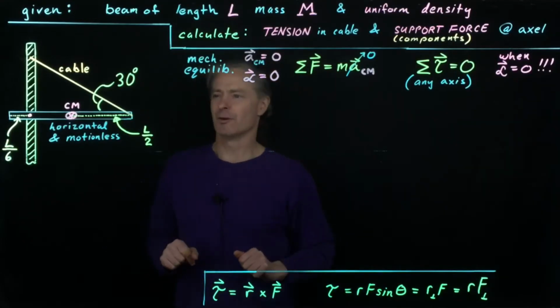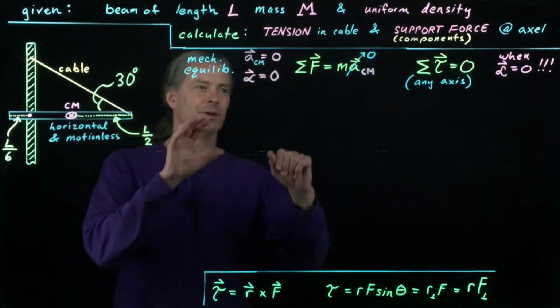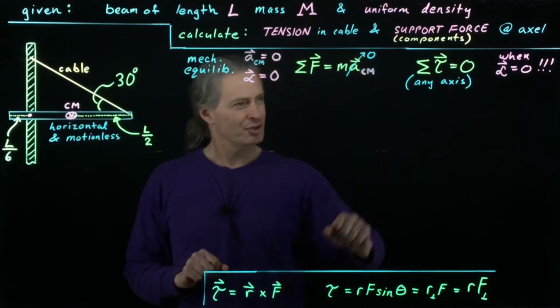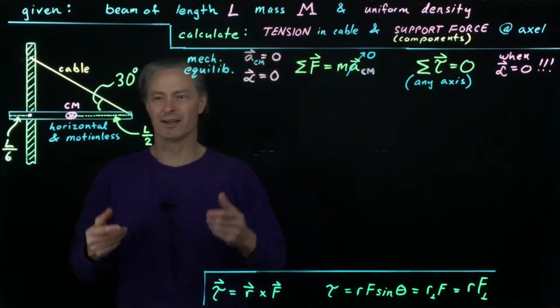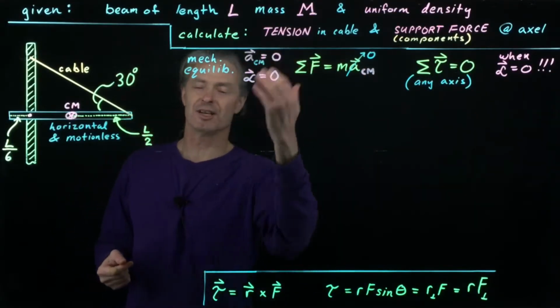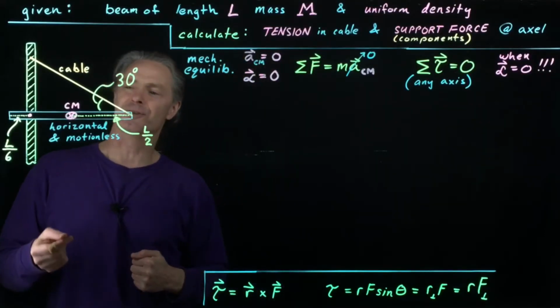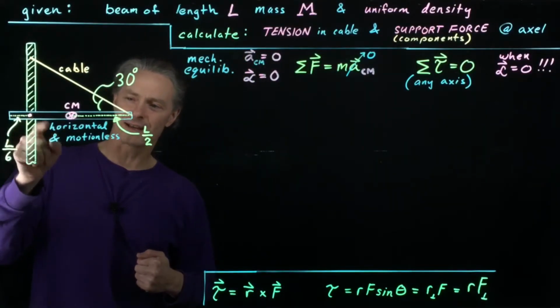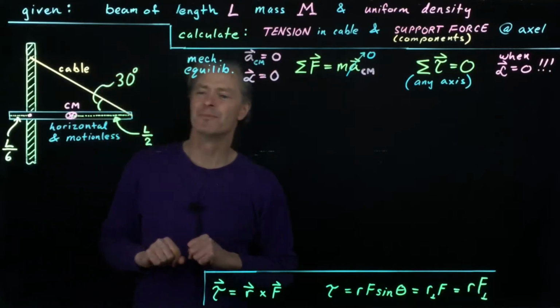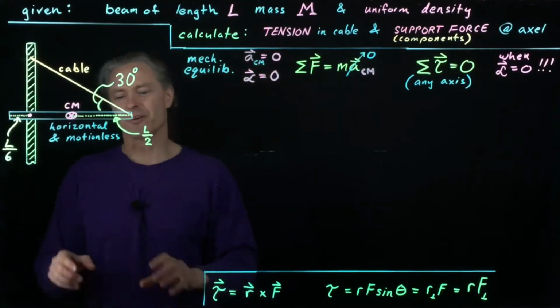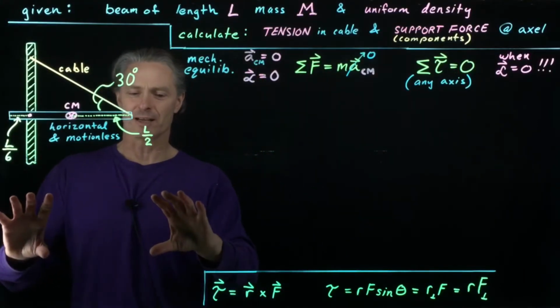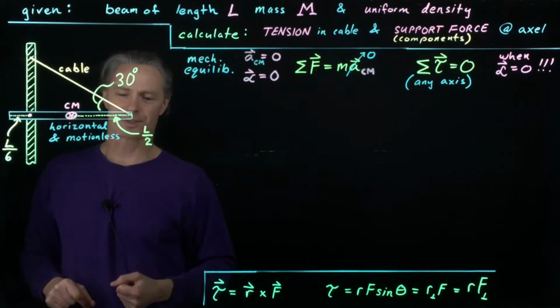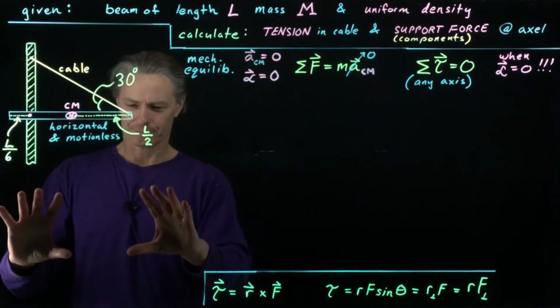All right, so given this, we want to apply this force condition and this torque condition to analyze the situation, to find the tension in the cable and the components of the support forces that this axle exerts on the beam. So in order to do that, we need to draw a free body diagram, which I'll put right here, and we'll also add a coordinate system. So here we go.